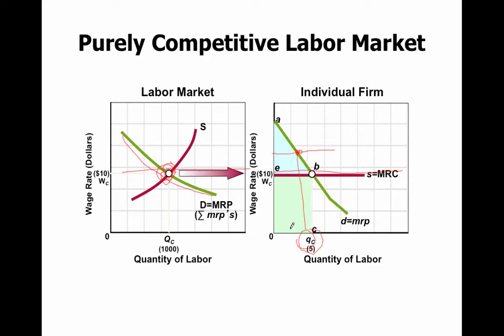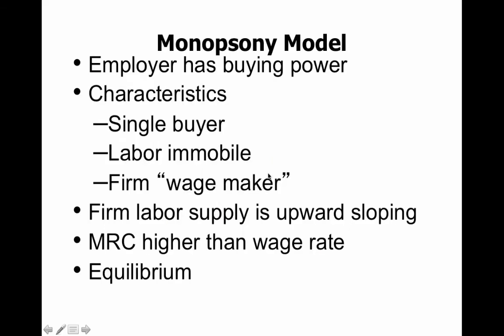That should not be too terribly surprising because it's very similar to what we saw in pure competition in the product market, okay? This is because in a purely competitive labor market, we can hire basically as many people as we want, right? At the same wage. But of course, that's not always going to be the case.